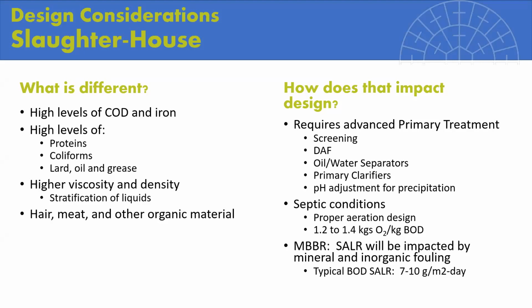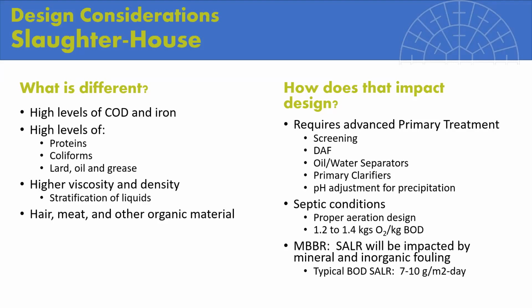Obviously, different types of animals and different types of processing even. In some cases, we're looking at slaughterhouses that have the entire process from the butchering process through the meat preparation and packaging process. So each one carries a different design perspective.